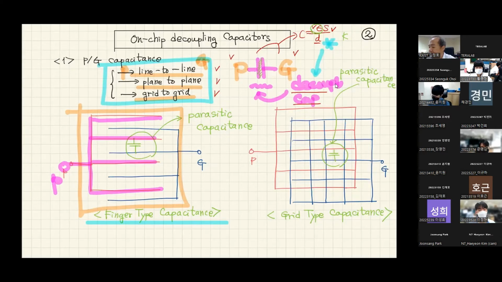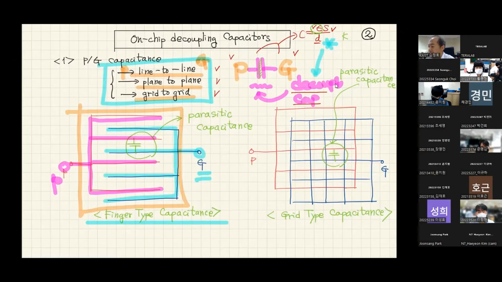By having a finger type power distribution network, we can minimize the area covered by power and ground metal, or minimize the number of metal layers inside the chip. Also, you may have some finger type metal lines inside the chip to make a connection to off-chip ground. Off-chip means the package level and PCB level ground.